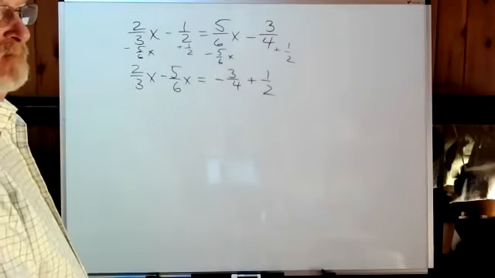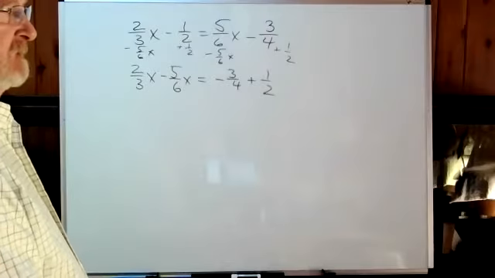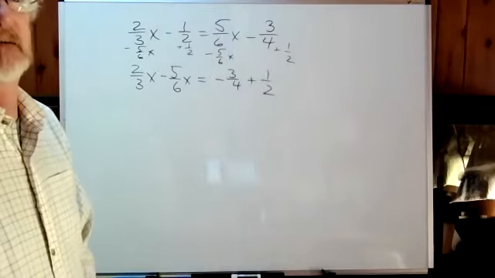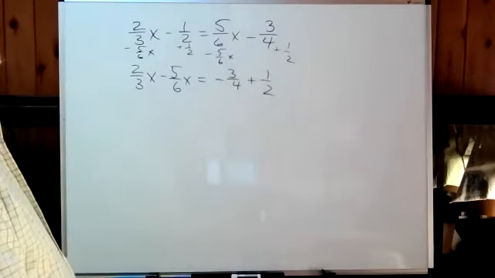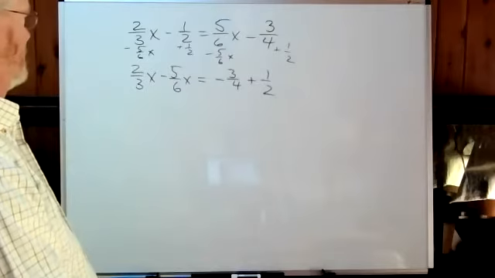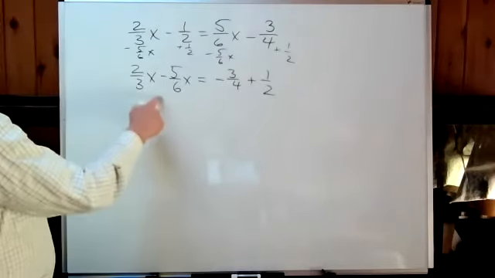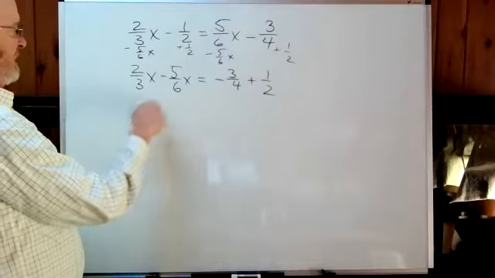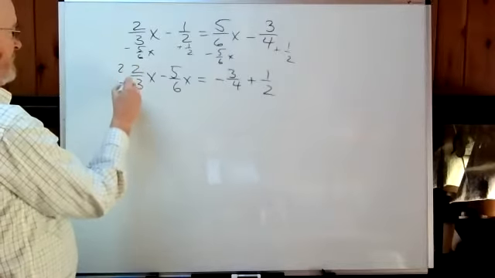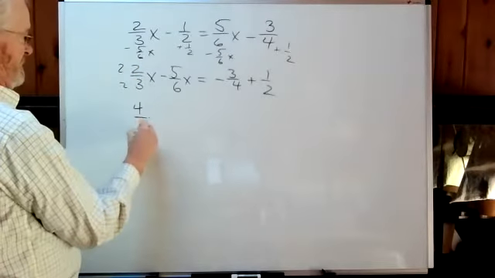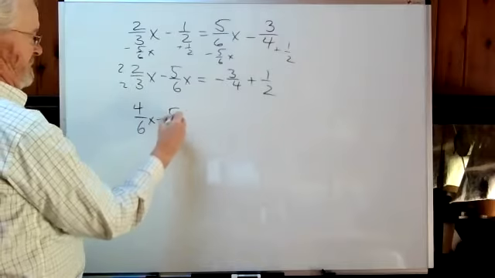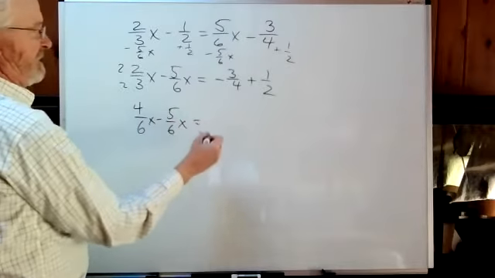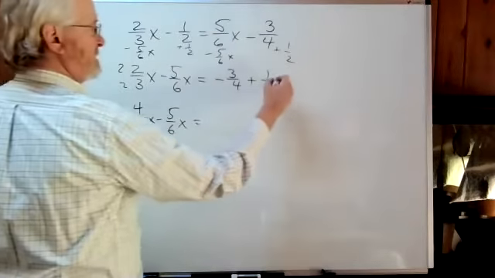I tried to make them not too crazy, not too complicated a denominator, not too many different factors to worry about. Hopefully it's kind of clear that here, if I was dealing with just the fractions, I'd get 6. And here I would just get fourths.